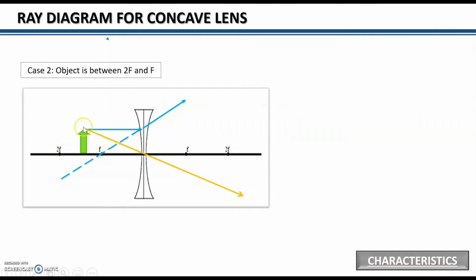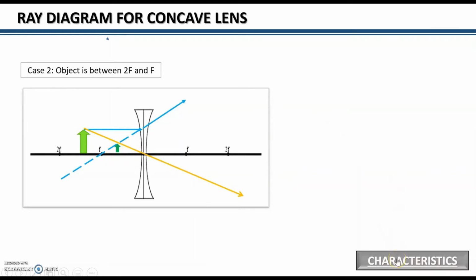So the V ray here is a straight light ray passing through the center of the lens. Do you see the intersection of the two light rays? Yes, of course. So the two light rays meet somewhere here. So this is where the image is located.